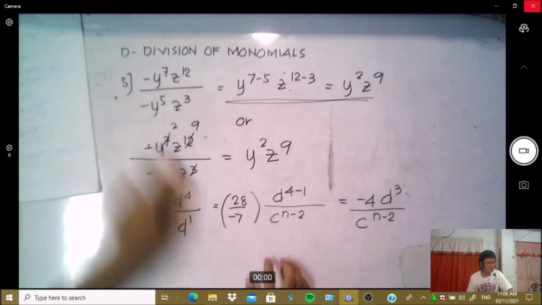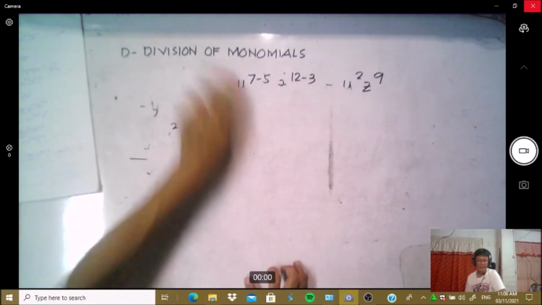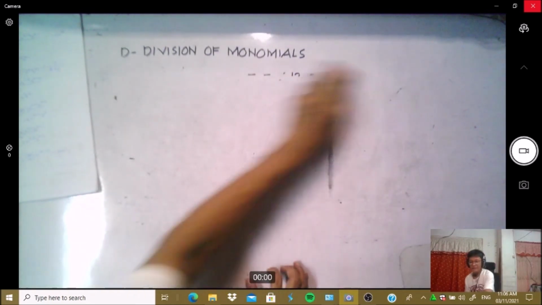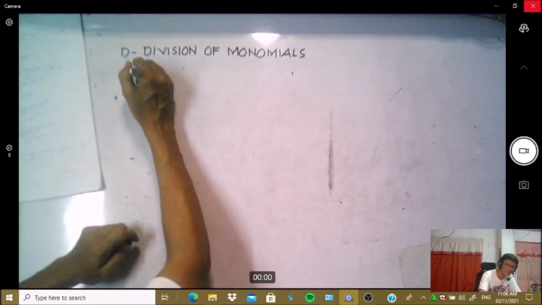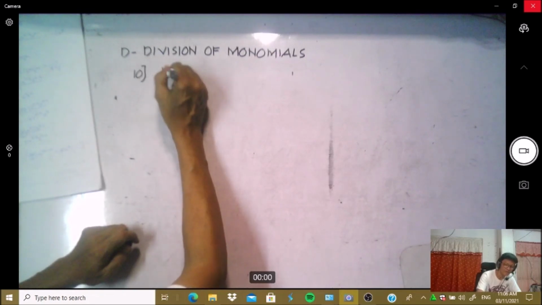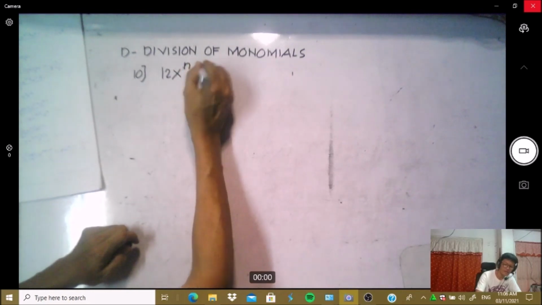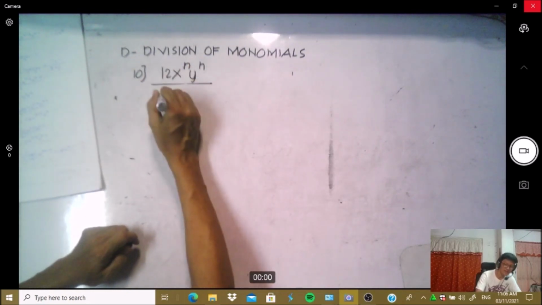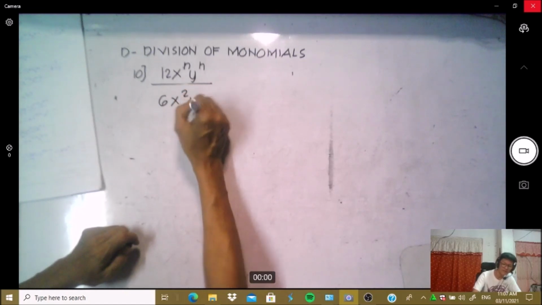Okay, for number 10, let's proceed to number 10. We have 12 x raised to n, y raised to n, divided by 6x squared y.